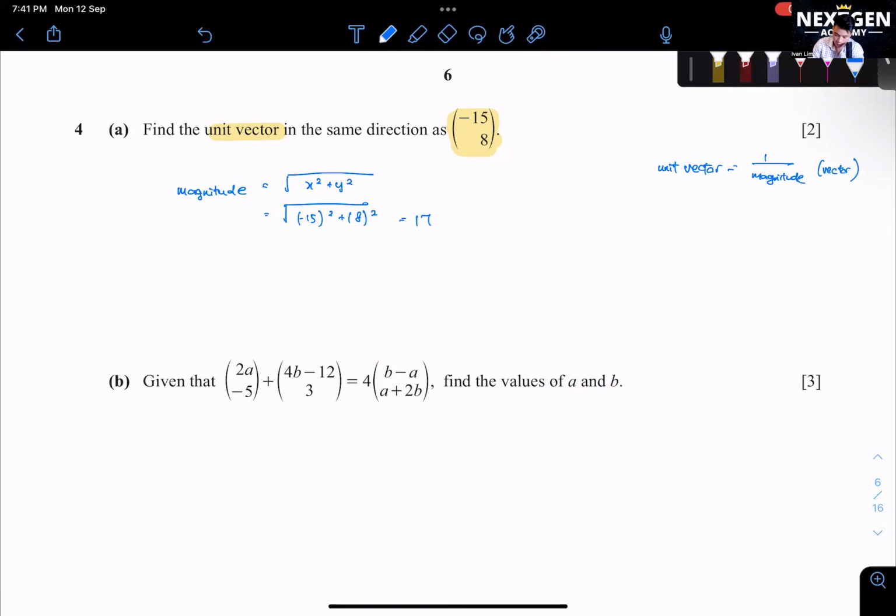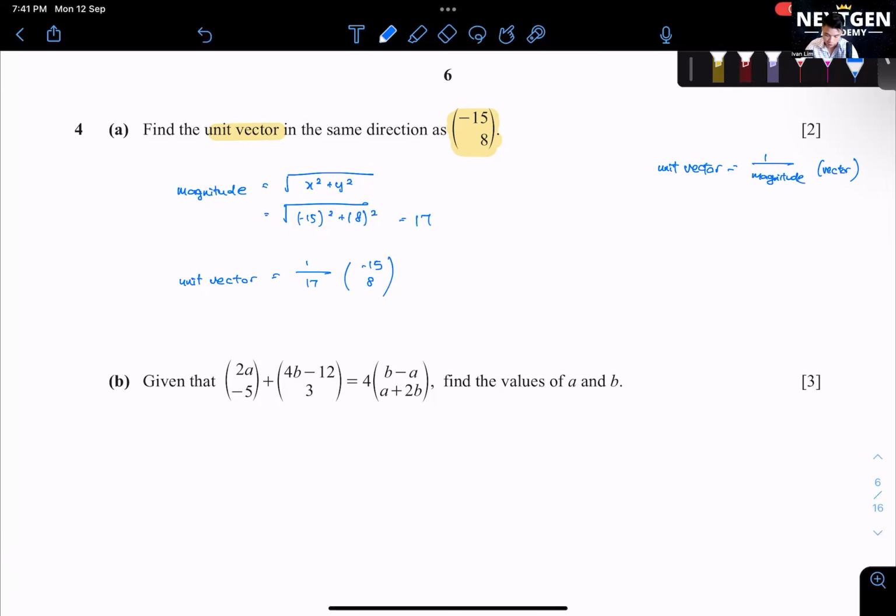Then the unit vector will be equal to 1 over 17 times negative 15, 8. This one easy peasy. 3 marks for this one. I think the second one also is quite easy. This 3-mark question also comes out in your maths.